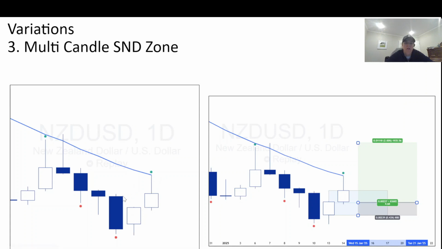So you've got to look at this as one candle, and therefore we put our S&D zone across both bodies and we just trade again from the middle, the 50% zone.